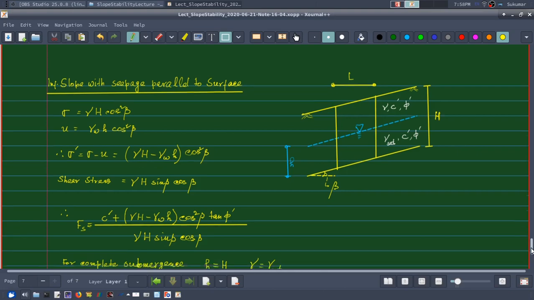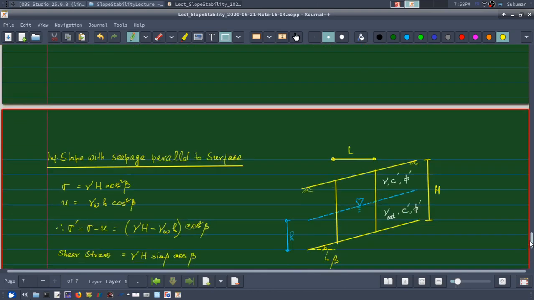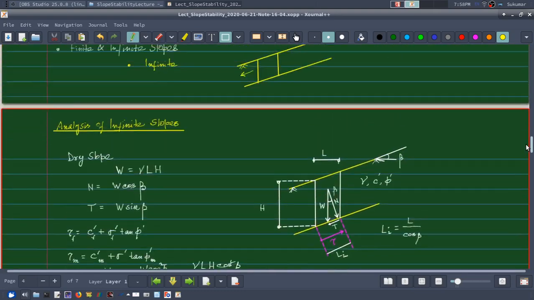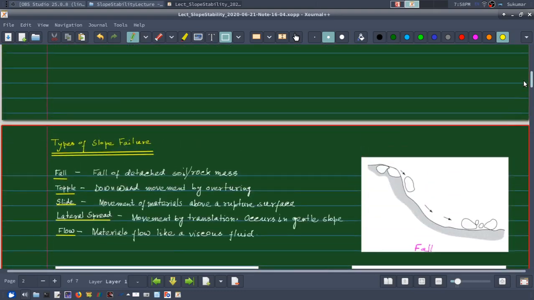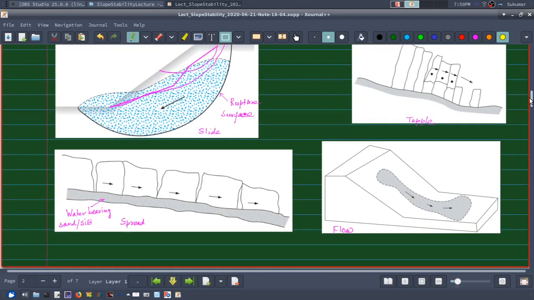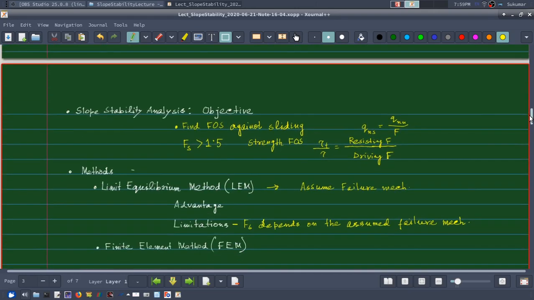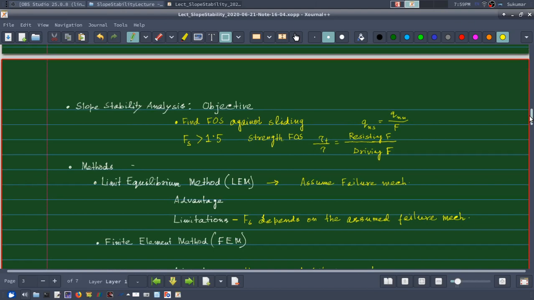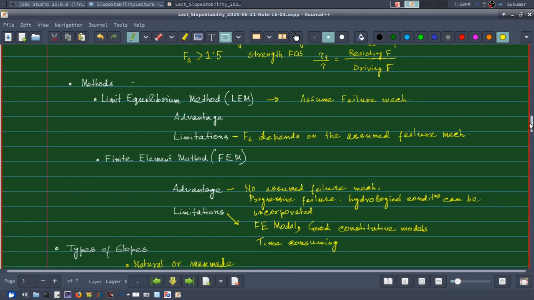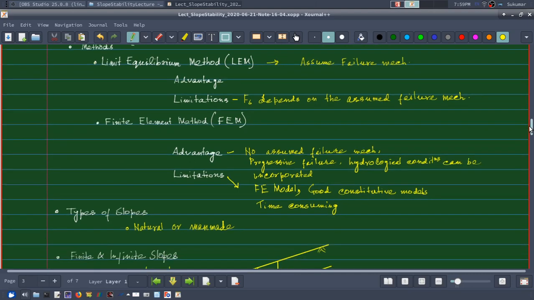Hope all of you could appreciate what we have discussed. So basically we have seen what are the types of soil slope failure, and what are the objectives of slope stability analysis, the various methods, namely limit equilibrium method and finite element method.